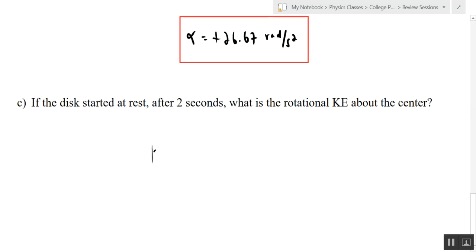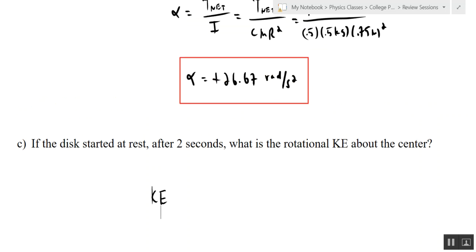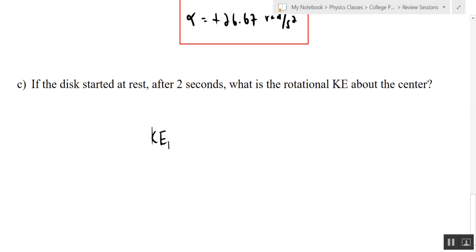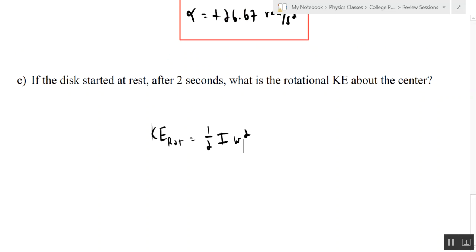I can't use the equation because I don't know what rho is. There is no rho. But okay, so 1/2. But the symbol, isn't that called rho? No, omega. That's the wrong symbol. That's for momentum. So 1/2 I omega squared, right? Yes.